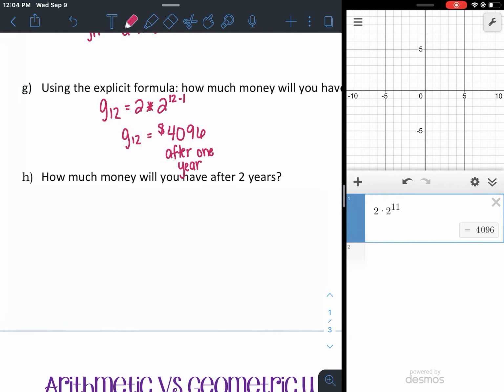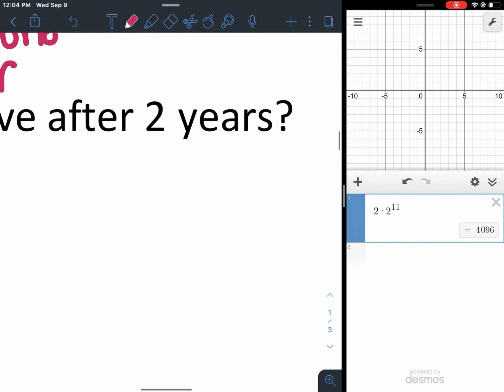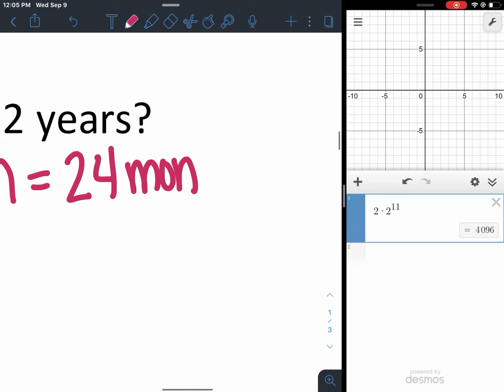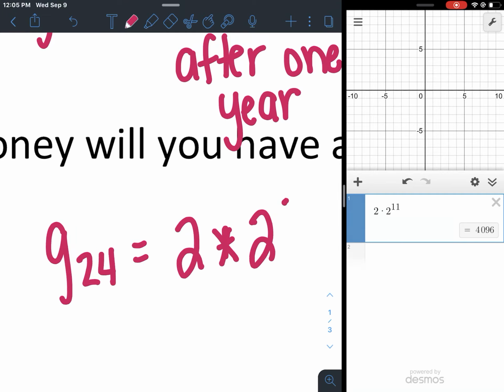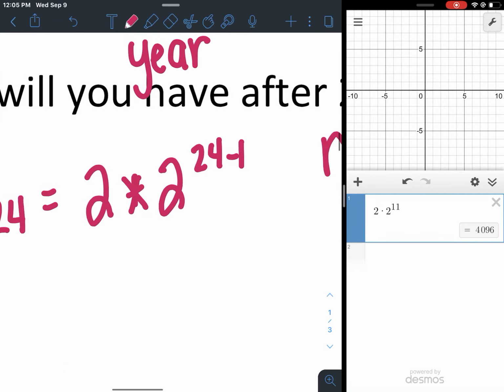How much money will you have after 2 years? And remember, this is in years. We need it in months because that's what we're dealing with. So n will be 24 months. And we'll use that same formula, except this time we'll use 24 for n. So 2 times 2 to the 24 minus 1 power.